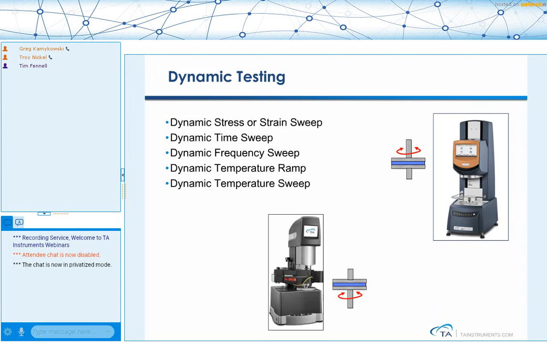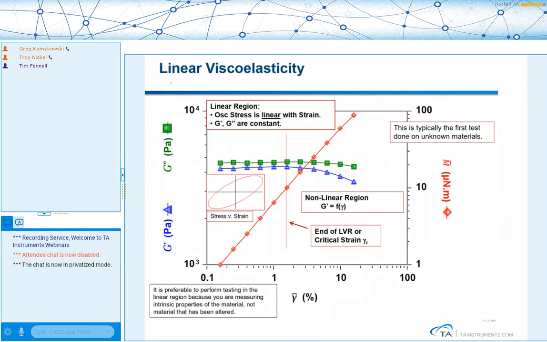So what are the different kinds of dynamic tests that we can do? We can do a dynamic stress or strain sweep, a dynamic time sweep, frequency sweep, temperature ramp, temperature sweep at one or several frequencies if we want. If you have a stable material, the first test that you might do would be a dynamic strain sweep.